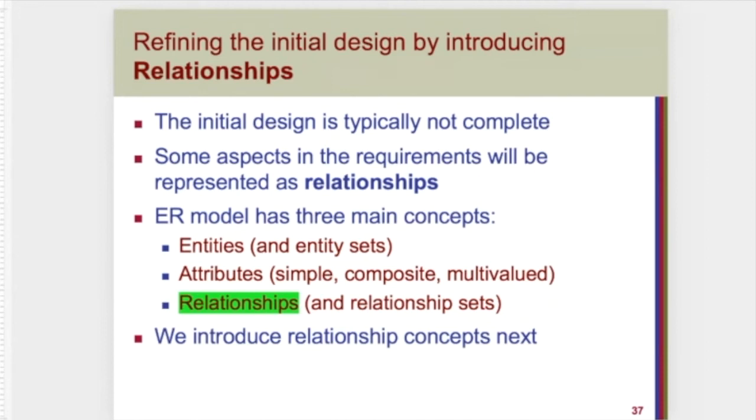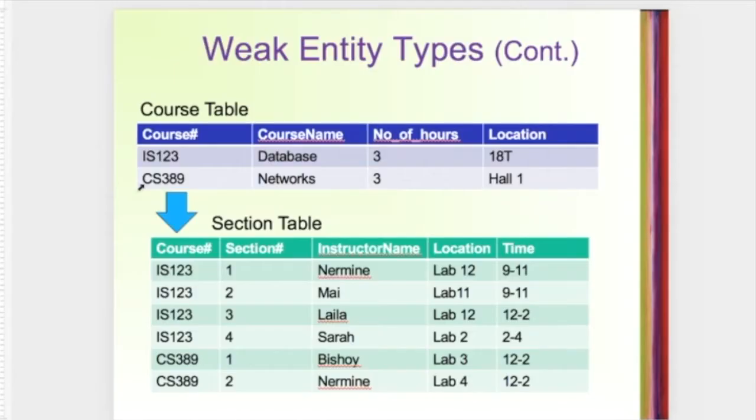Actually, linking is called foreign key. Here we are linking this course number to its parent table. This course number is coming from the course table, so we must link it. Linking it back to the parent is called foreign key.